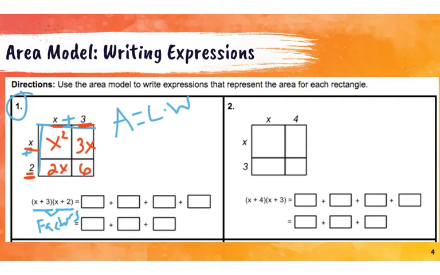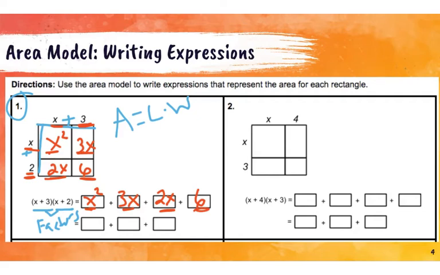Now I'm going to write that in here. I have x squared plus 3x plus 2x plus 6. That's where I got the numbers. I just added up all of the areas inside. I'm putting plus because they're all positive.